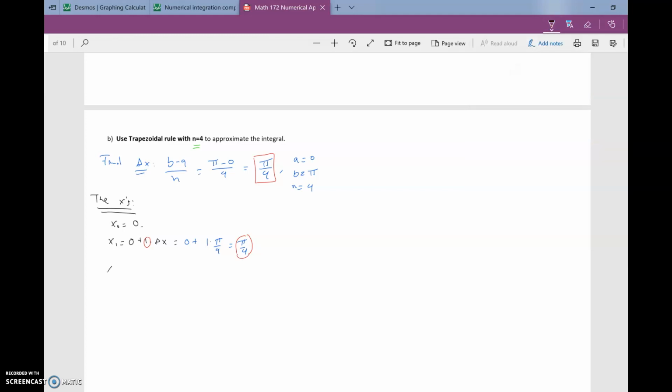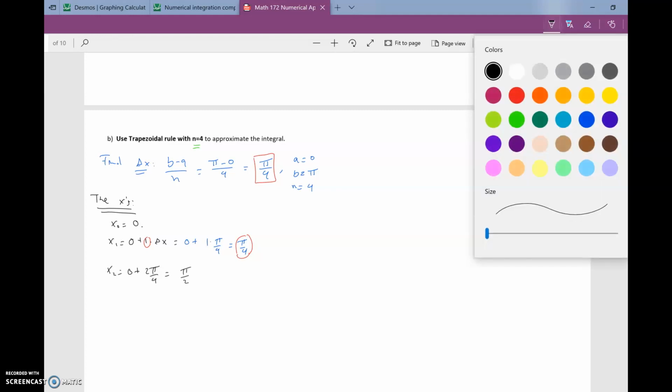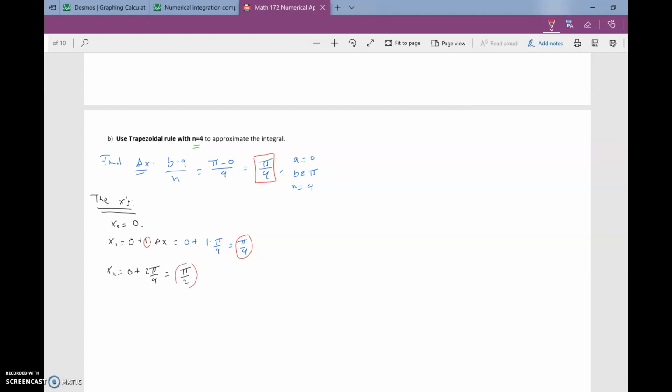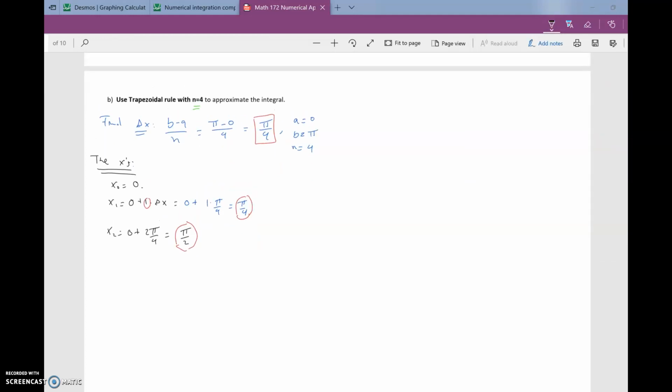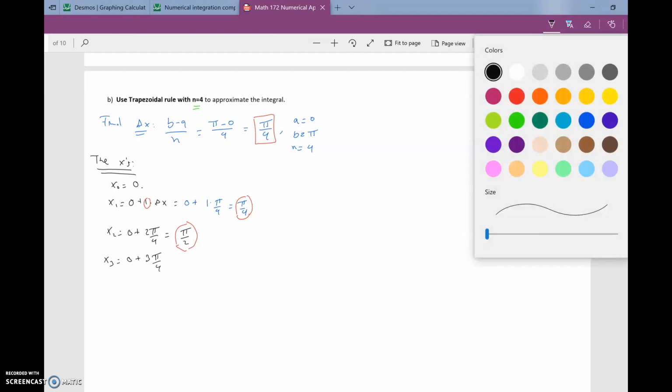The next term is going to be x of 2. This is going to be 0 plus 2 pi over 4, or technically pi over 2. Next term that's going to show up is x of 3. This is equal to 0 plus 3 times pi over 4, or delta x.